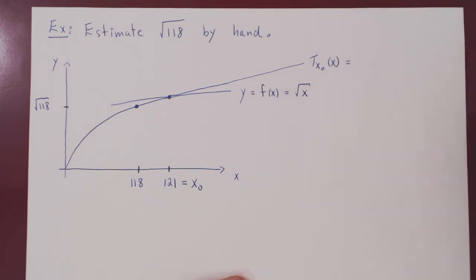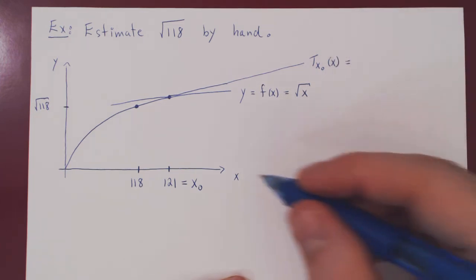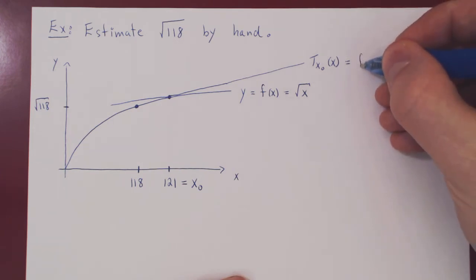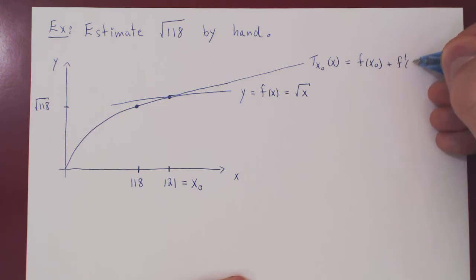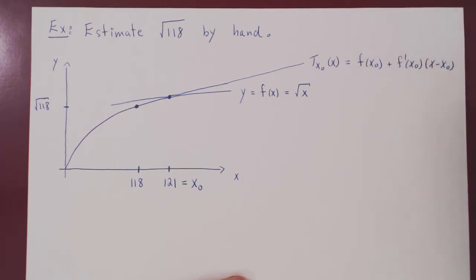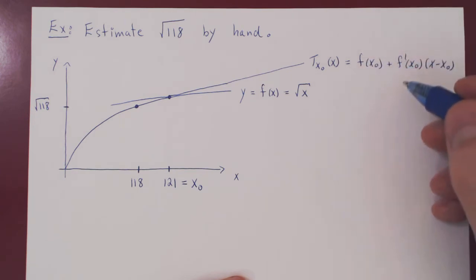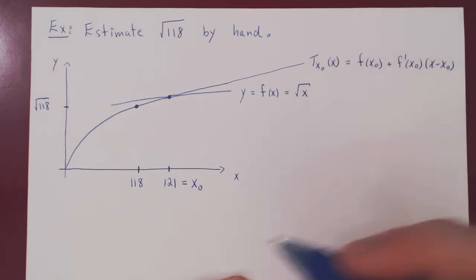Let me rewrite the formula we have for any function at any given point x0. It simply is f of x0 plus f prime at x0 times x minus x0. So all we need is f at x0 and f prime at x0, plug it in, and then we're good to go.